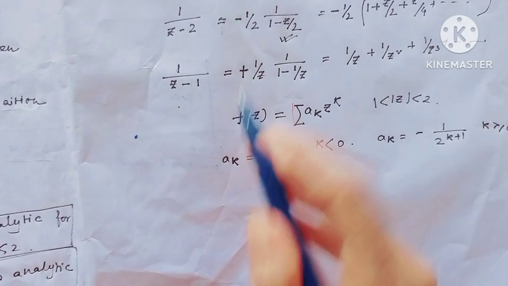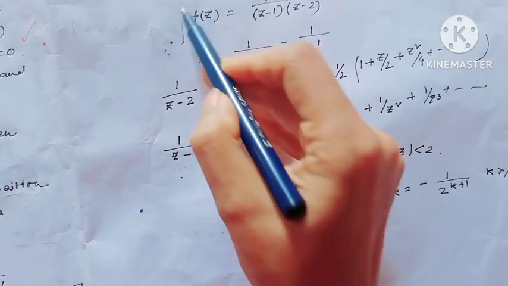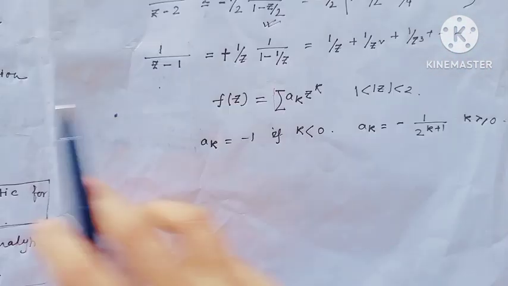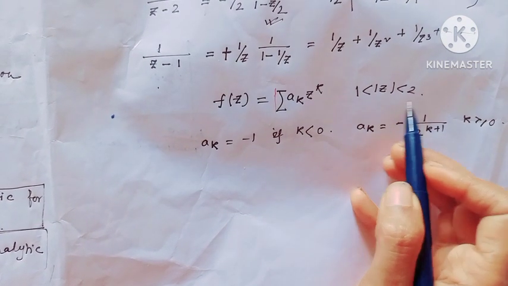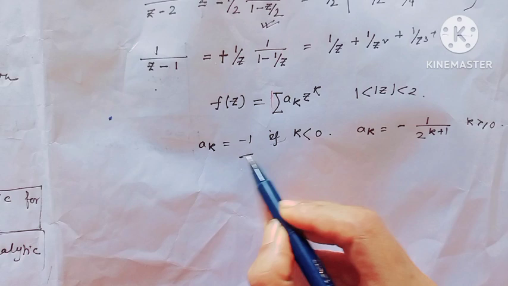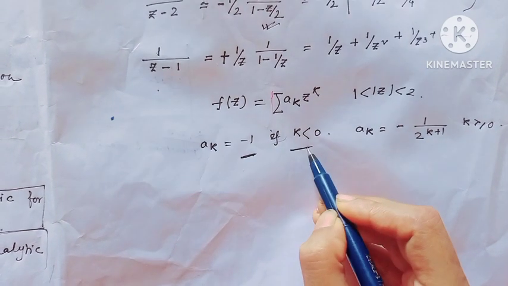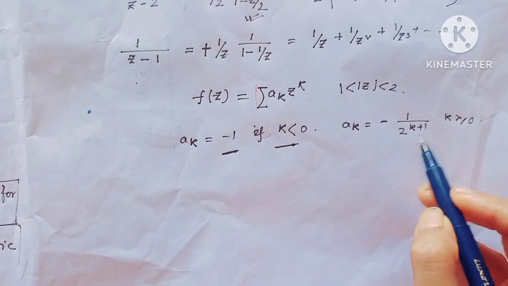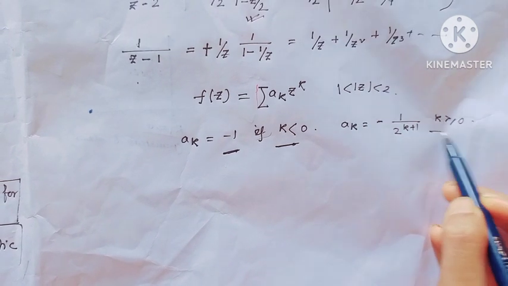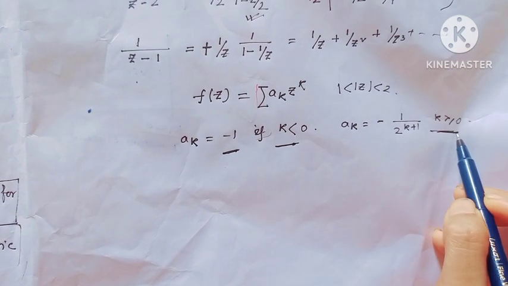Therefore, f(z) is written as the series sum of a_k z^k where z lies between 1 and 2, where a_k equals minus 1 if k is less than 0, and a_k equals minus 1 over 2^(k+1). This is true for k greater than or equal to 0.